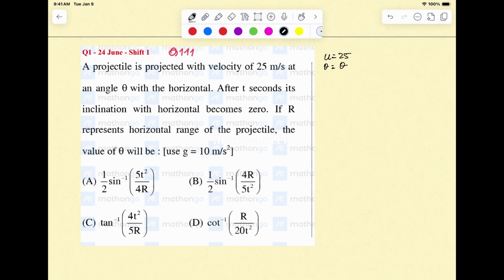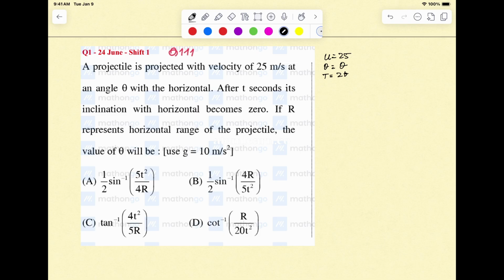Therefore, at that time its velocity is parallel to the horizontal only. That means small t is equal to capital T by 2, because time of flight is capital T. Therefore, time of flight is twice t.